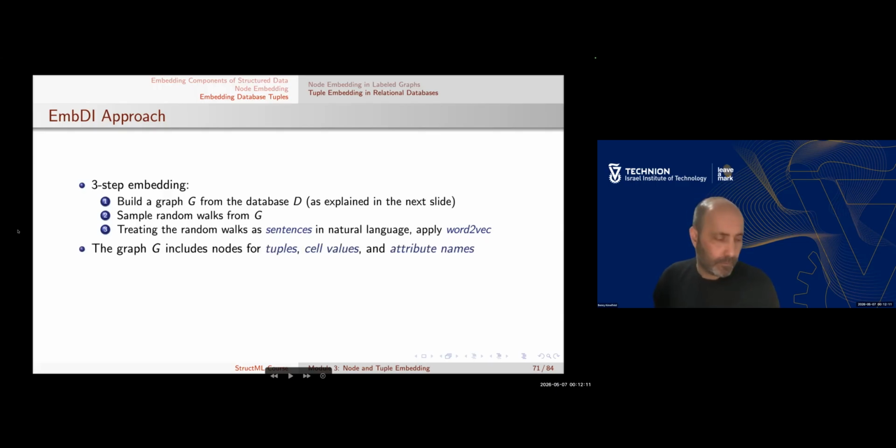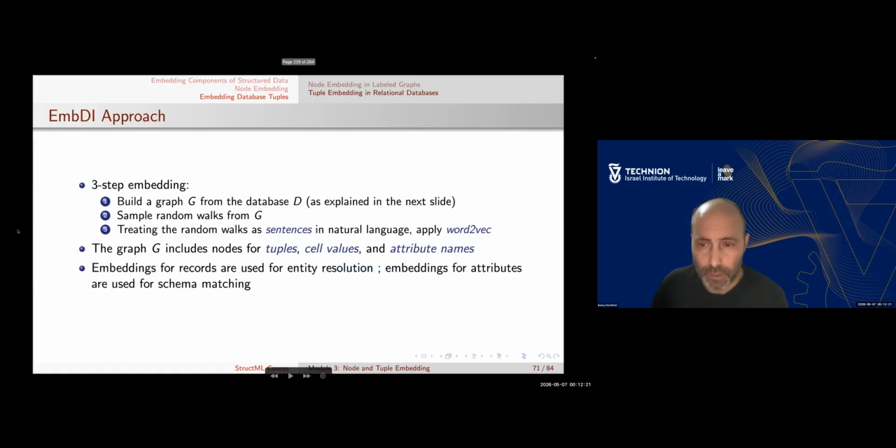Now, the interesting thing is that the graph G includes not only tuples, but also cell values and attribute names. We'll see an example in the next slide.